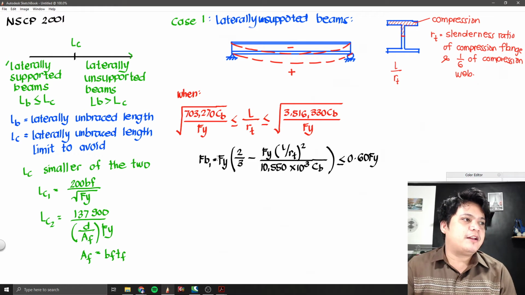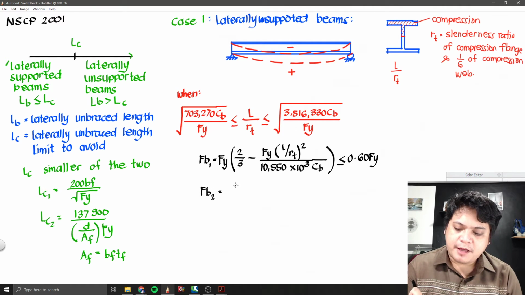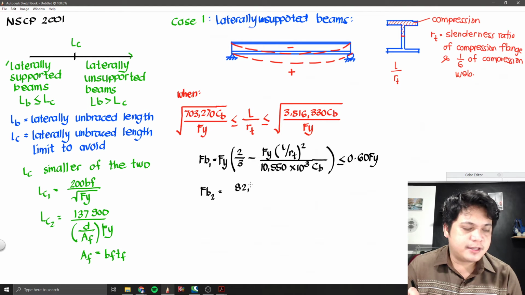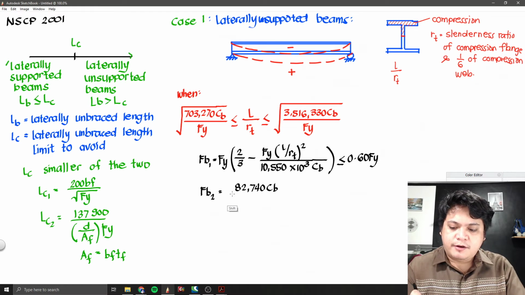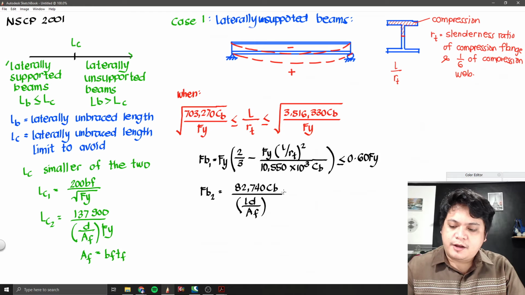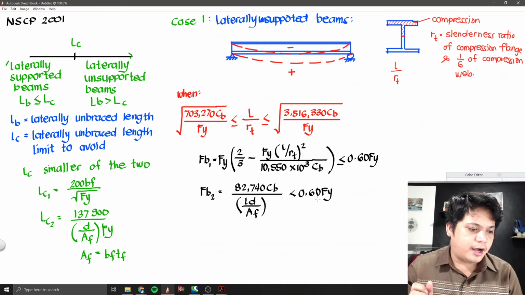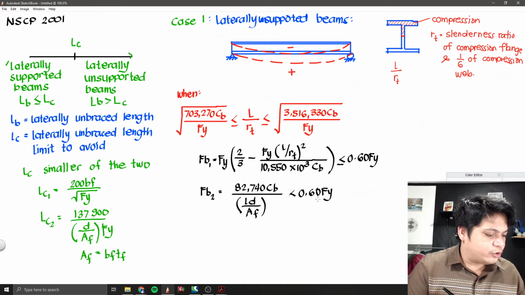And then FB2, we will have here 82,740 CB over LD over the area of the flange. Again, this should not exceed 0.6 of Fy. So you have there the two.